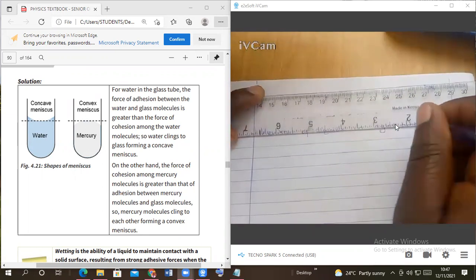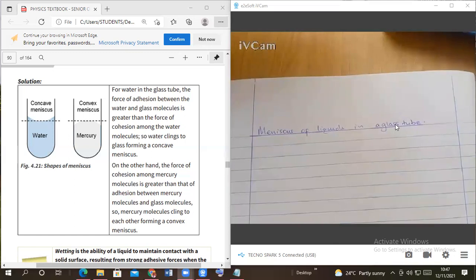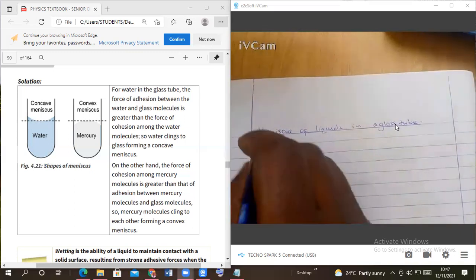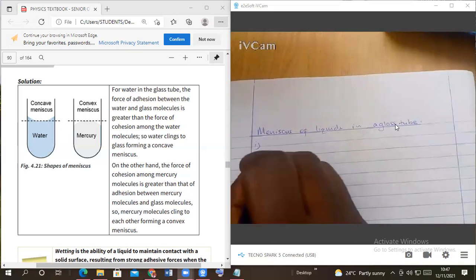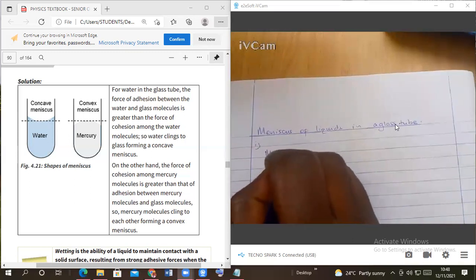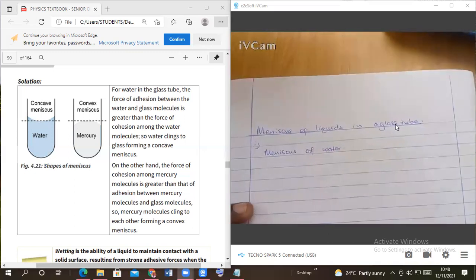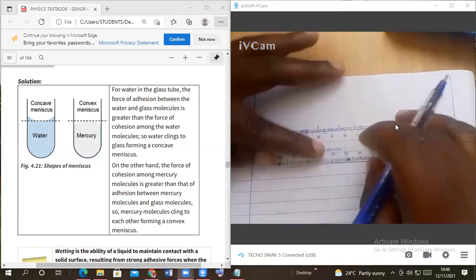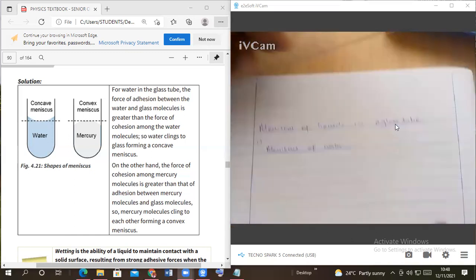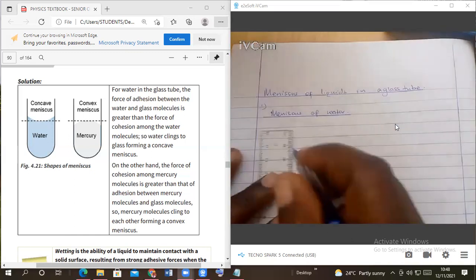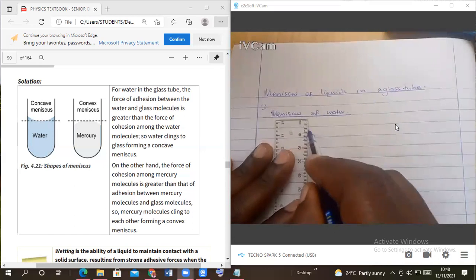And these two liquids we are going to use are water and mercury. So let us look at the meniscus of water. Let's look at the one for water. Okay, so we shall first draw that diagram there.